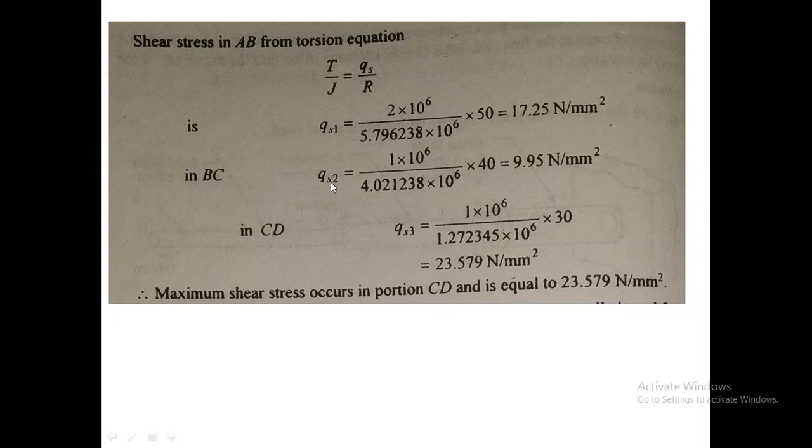So shear stress for BC is again T into R by J. So we know all the values, we substitute and get the shear stresses in all the portions. You can see that shear stress in AB is 17 megapascal, in BC it is 9, and in CD it is 23.